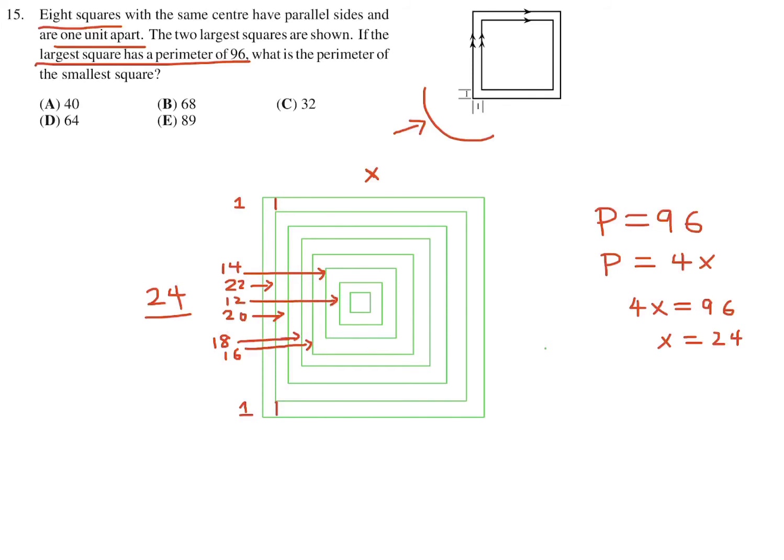And finally, ran out of space, but I can squeeze it in there. That one, the very smallest one, is 10. So you're just subtracting by 2 every time. So the very smallest square has a side of 10, and therefore the perimeter of the smallest square will be 4 times 10, which is of course 40. So the answer to number 15 is A.